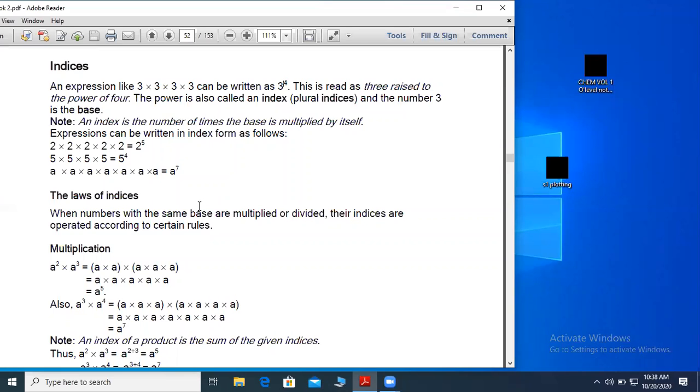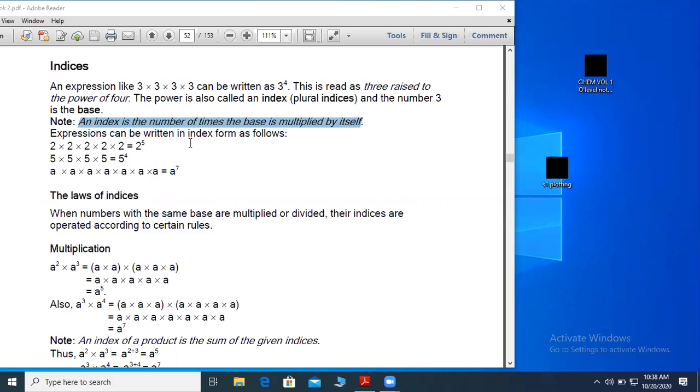So if we say the power is 4 and the base is 3, it means 3 is multiplied by itself 4 times. Okay?